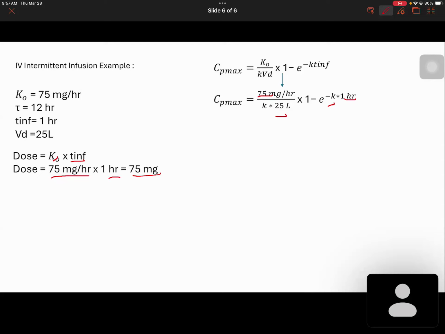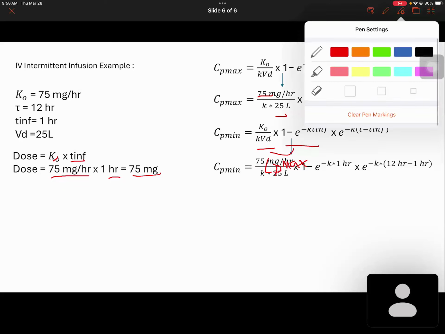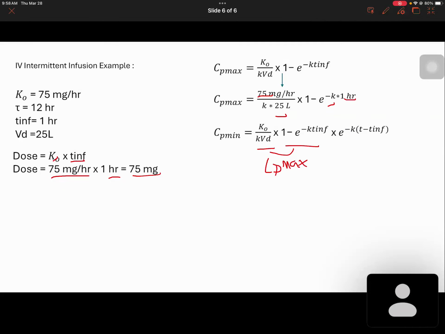So then, if we wanted to get our CP min, remember, that is our CP max times E to the negative K T minus T infusion, which we can write out fully like this: K0 over KVD times 1 minus E to the negative K T infusion. That together is our CP max, times our E to the negative K T minus T infusion. So, let me make that a little clearer.